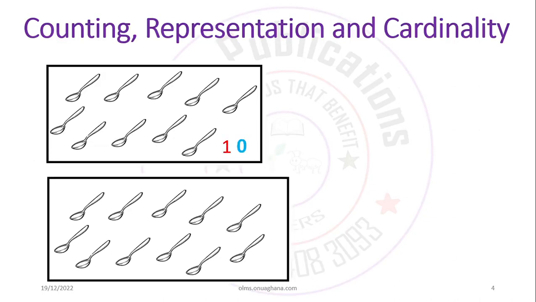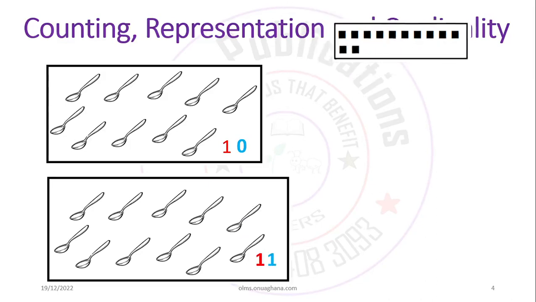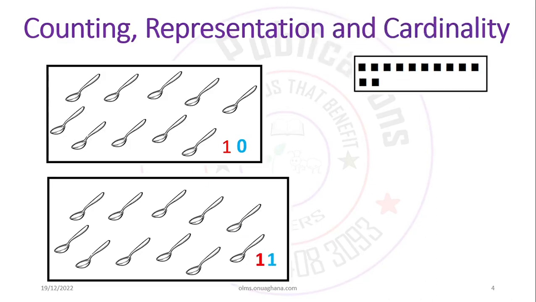Here, when we take 10 away, what is the remainder? 1. So we have 1 group of 10 and the remainder is 1. Here, we have how many groups of 10? 1 and the remainder is 2.